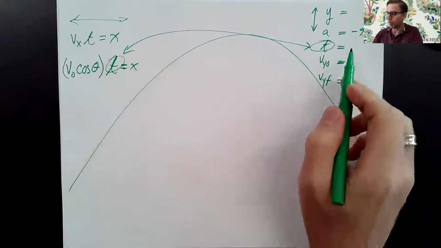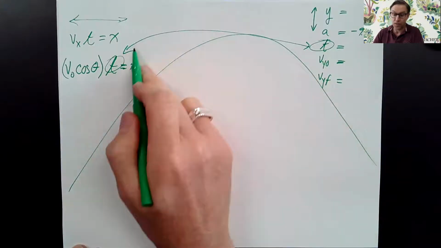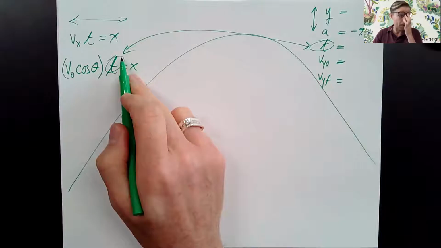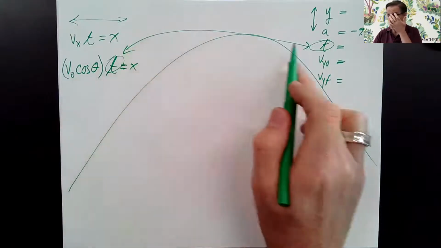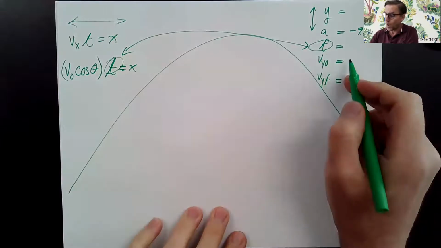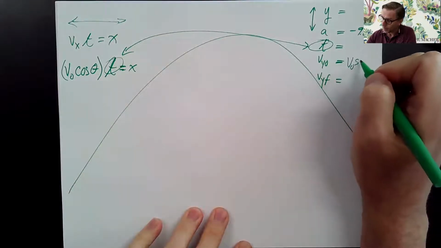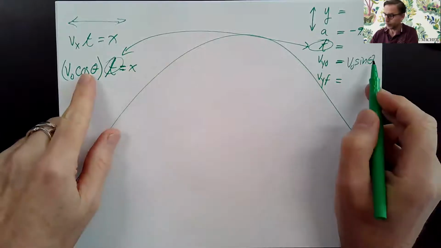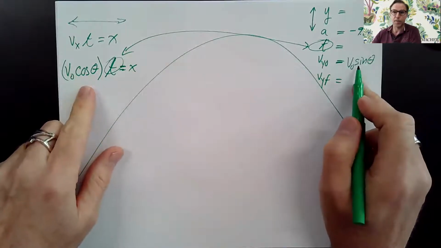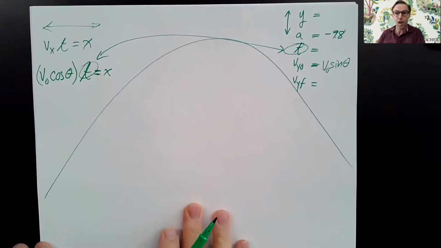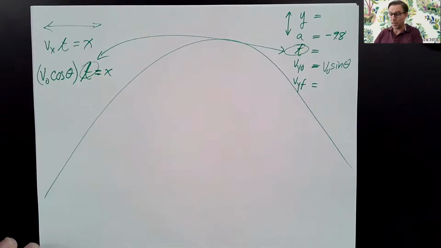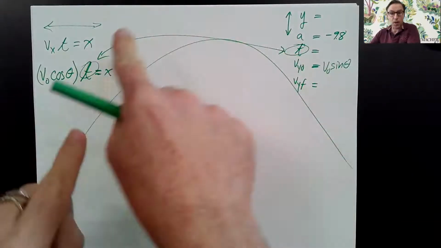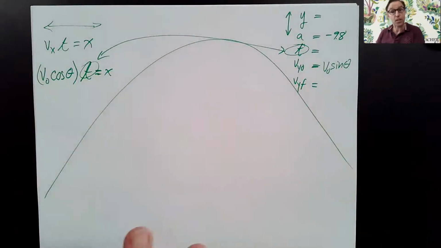So it is very common for us to find the vertical time and then use it over here in the horizontal equation, or to find the horizontal time and use that same number over here. Vy initial is always V naught sine theta. So one of these is sine theta, one involves cosine theta. Depending on where we're starting and where we're ending and what question is asked, we're going to fill in. That's just what I wanted to remind you of, that all of our projectile problems look like that.